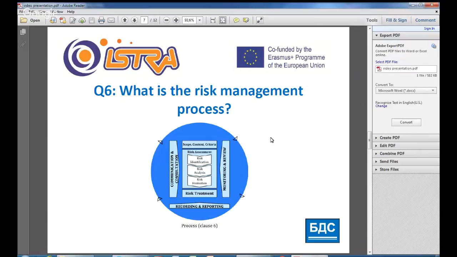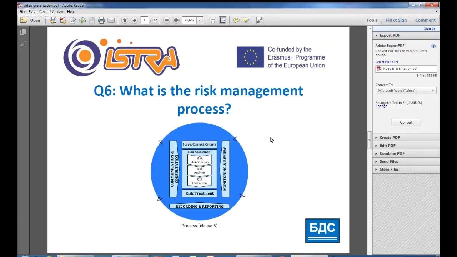Then you see the next box is risk assessment, which includes risk identification, risk analysis, and risk evaluation. Identifying the risks. Risk identification is the process of finding, recognizing, and describing risks. To identify the risks, the organization should determine first the risk sources.